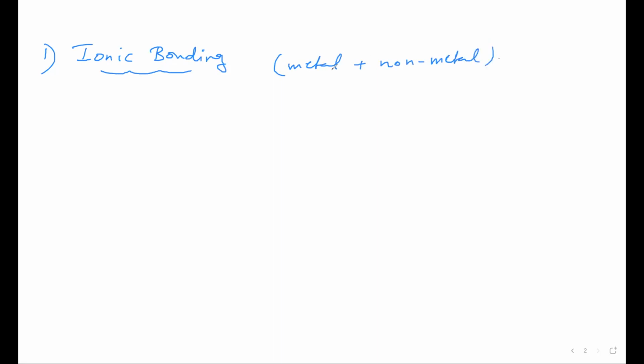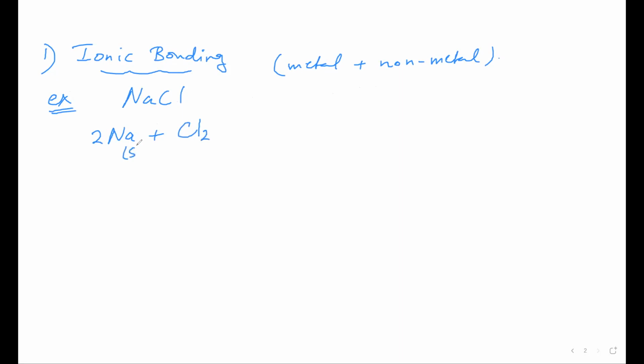The metal would tend to lose its electrons, but the non-metal gains electrons. So if we take, for example, sodium chloride, which is a simple ionic compound, we will see that it is formed by the reaction between two sodium metal atoms together with chlorine.